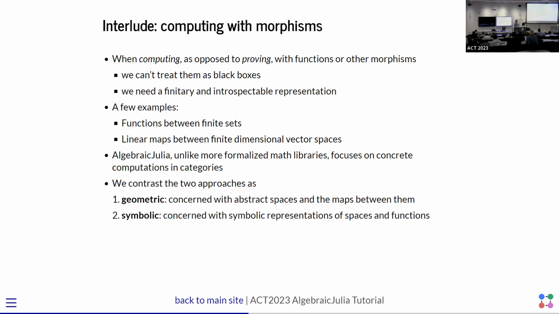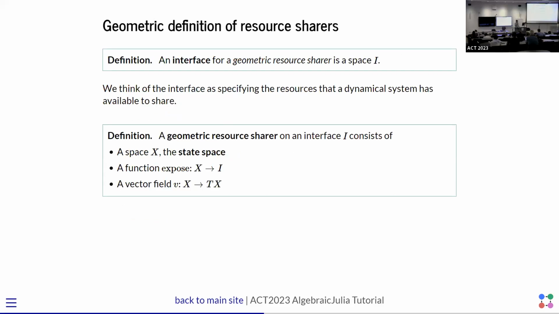And so I'll contrast these two views in the two ways we might think about resource sharers. A natural thing for a mathematician to say would be that we'll just think of an interface as a space, where by space I maybe mean something that's nice enough to have a tangent space. We might think it's a smooth manifold or something like that.